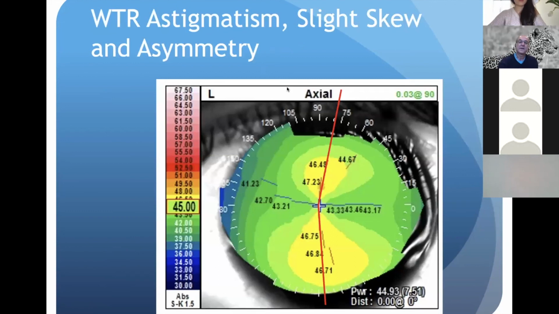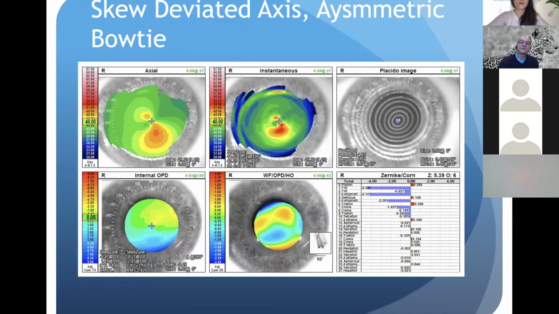And here's an example of with-the-rule astigmatism, where there's a slight skew to the axis and slight asymmetry. But if you look at the corresponding numbers, there's not a huge difference. There's maybe only about a half a diopter of difference in this instance. And this is more obvious, where the axis is not only on the diagonal, but there's a skew to the axis.